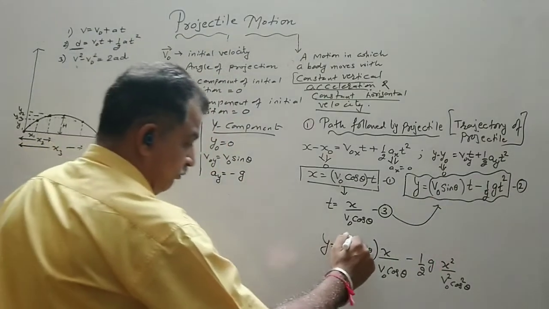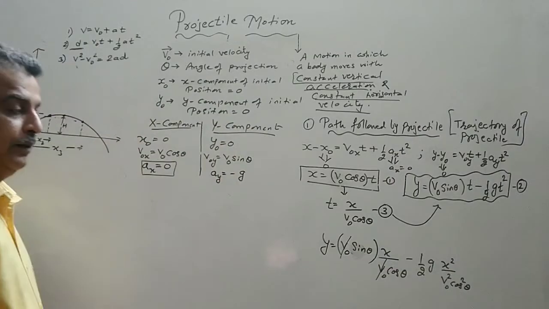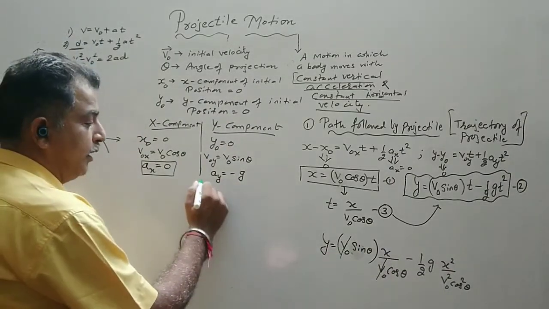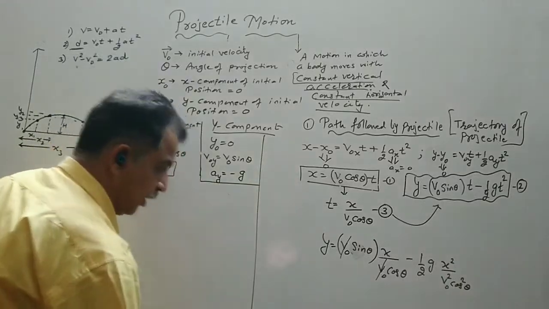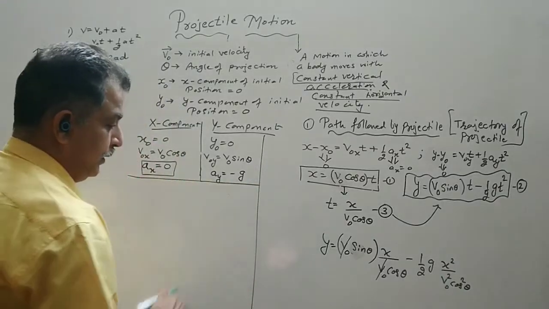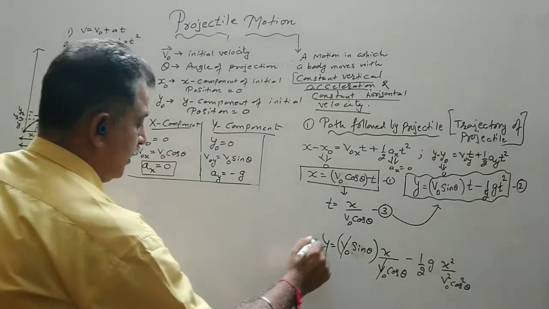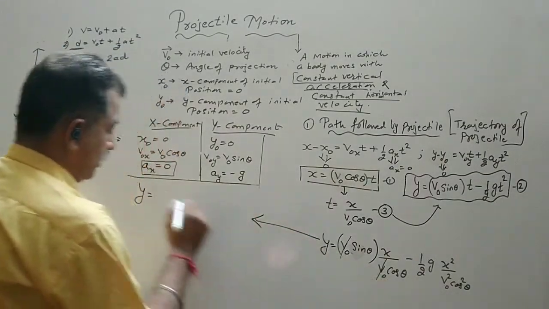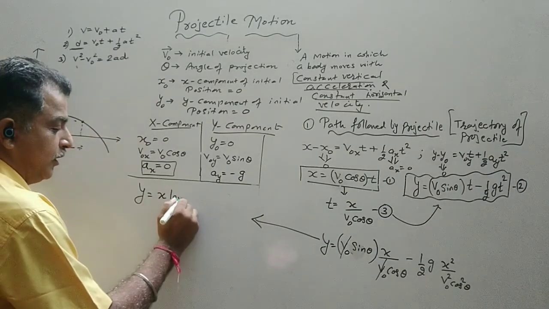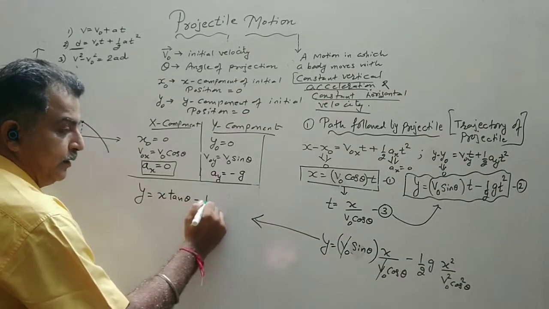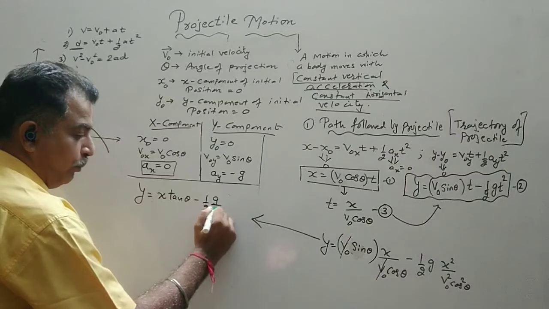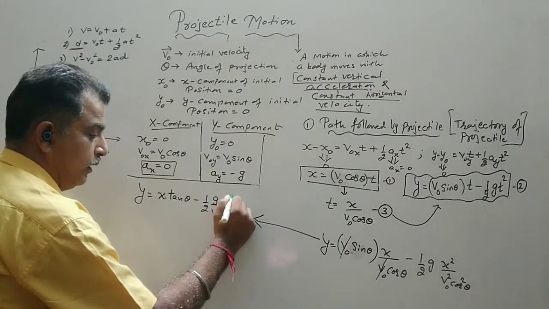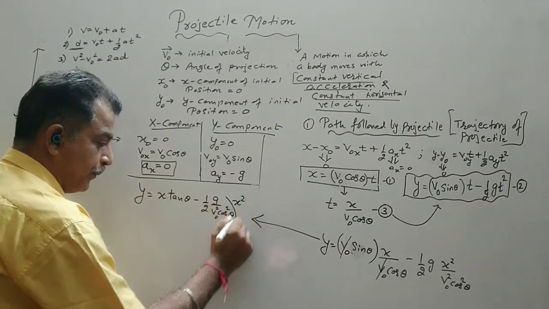Now here v naught is cancelled. Sin theta upon cos theta is tan theta. So this equation can be written as y is equal to x tan theta minus half g upon v naught square cos square theta x square.